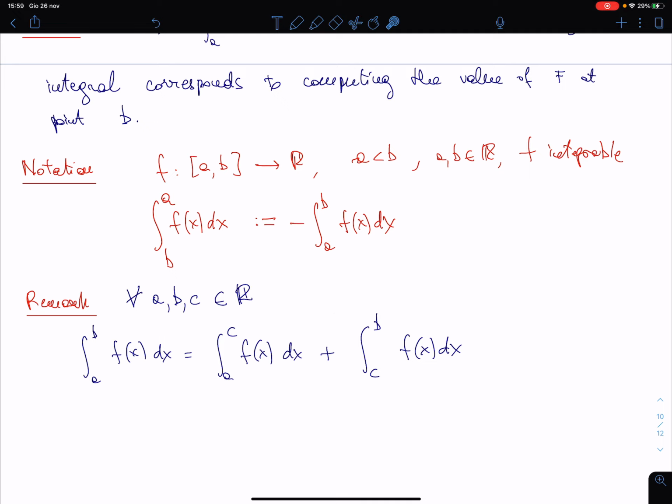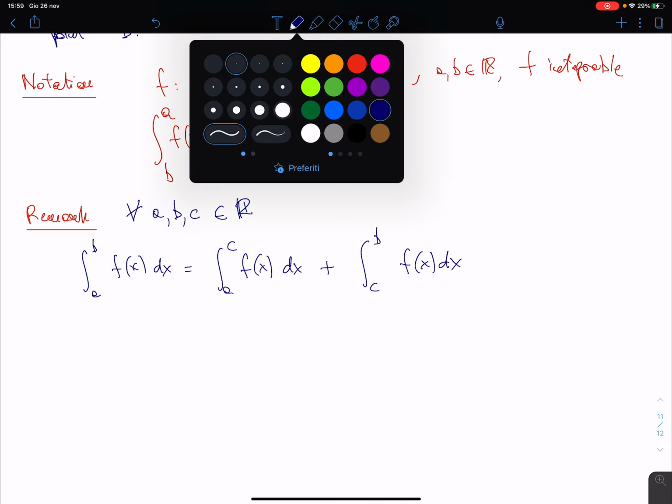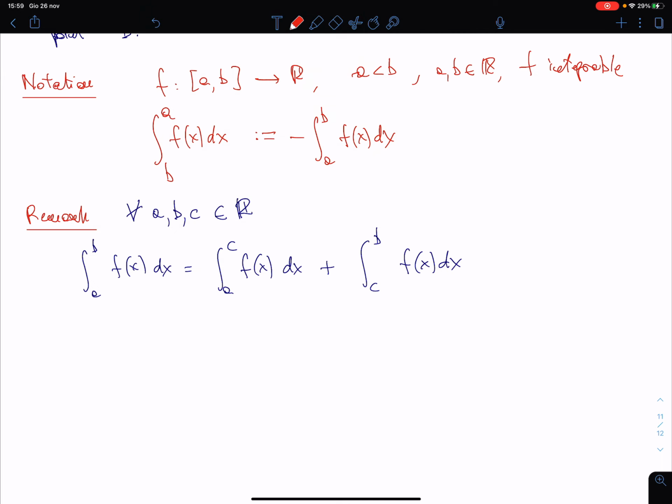Okay, very, very natural. But in our algebra, we require c to be the intermediate point between a and b. Here it holds for every a, b, c. Let us try to understand how this can work, and so let us compute some examples.